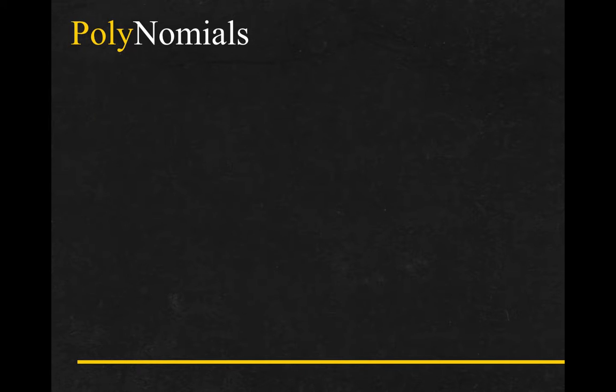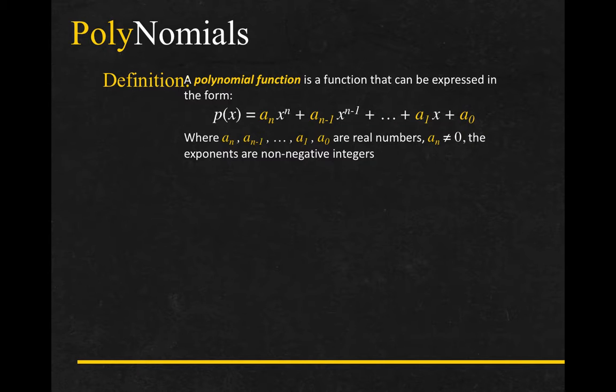We talked a little bit about polynomials and how we have a monomial, trinomial, binomial, and stuff like that. So a polynomial function is a function that can be expressed in the form of y equals p of x. p of x is the same thing as y, so y equals a_n, that's a coefficient, x to the power of n, plus a_(n-1), that's another coefficient, x to the power of n minus 1, and so on and so forth until we reach a term that doesn't have any more variables.